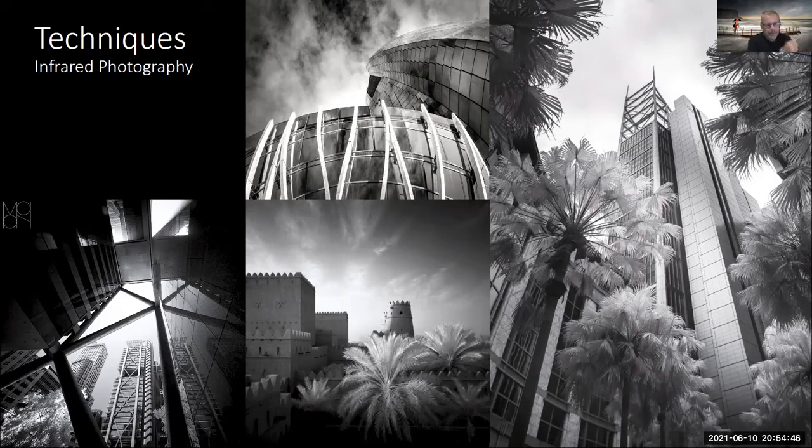Tim, is there anything in Photoshop where you can change things to infrared? Oh, you can get a very similar effect depending on how you take the shot. So if you're going to do that, then you learn tricks.